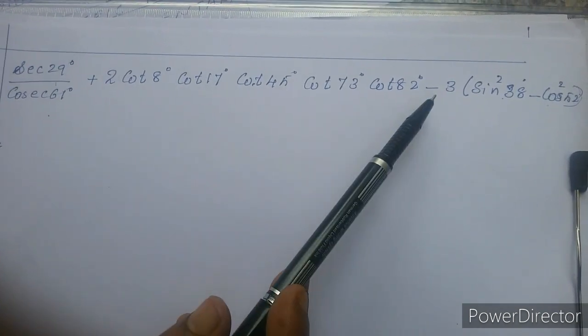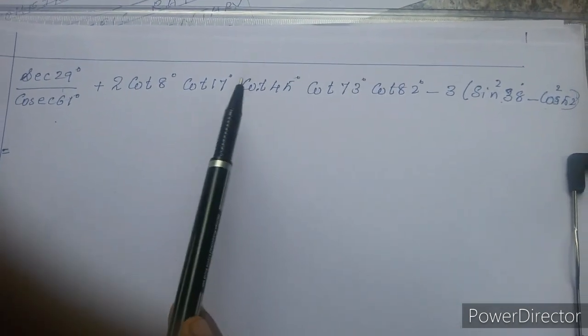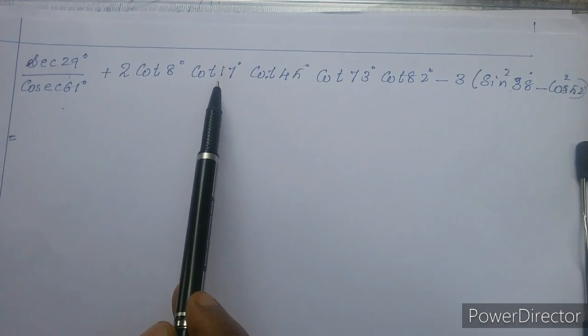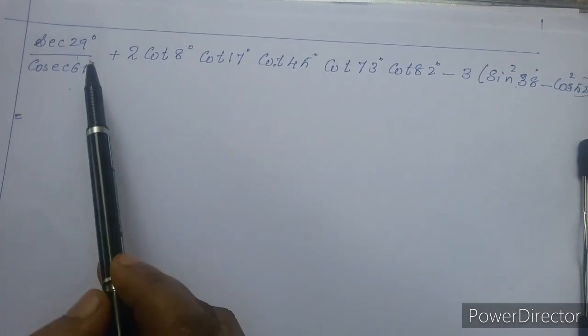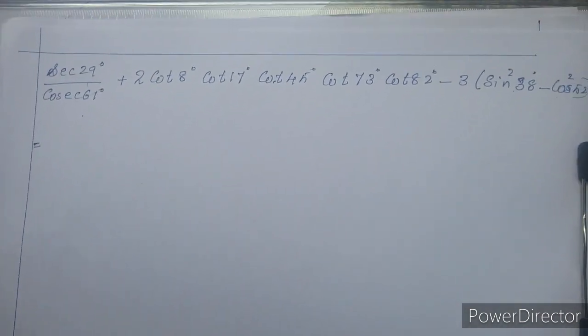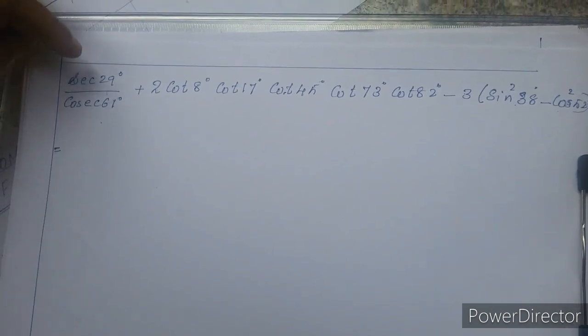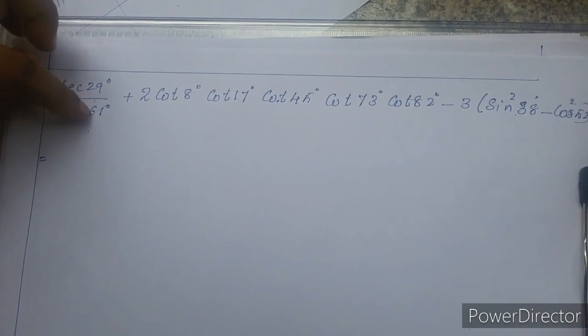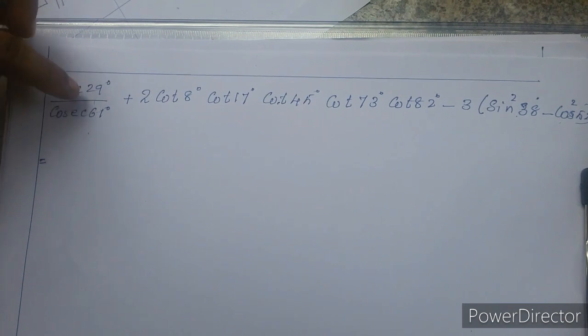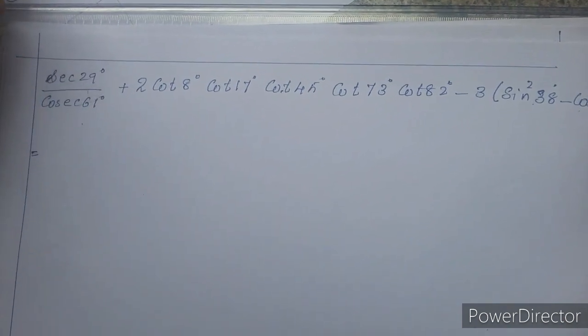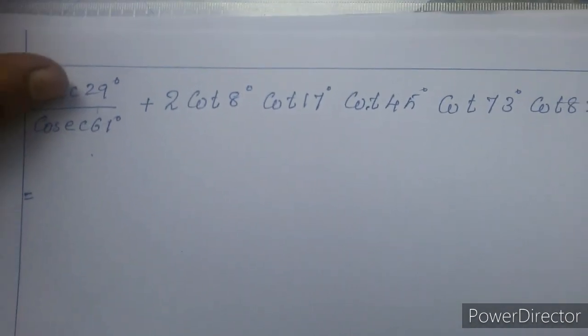We can solve one more question. It is a very lengthy question but it is a 1 mark or 2 mark type. It is very simple. Without calculating we can find out the answer. See here sec 29 by cosec 61. 61 and 29 is 90.